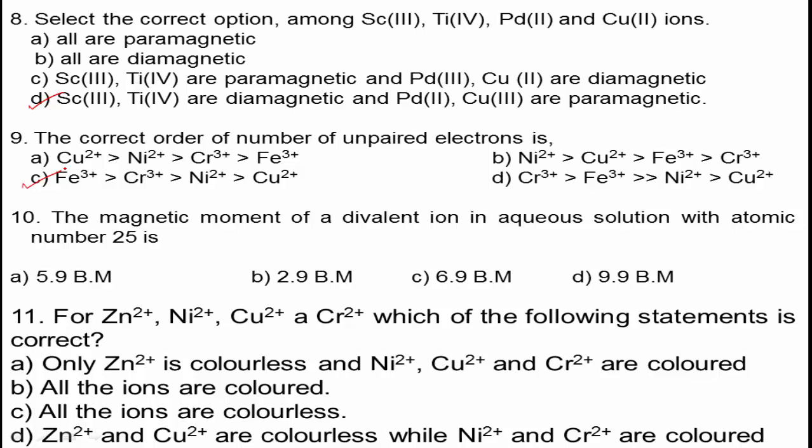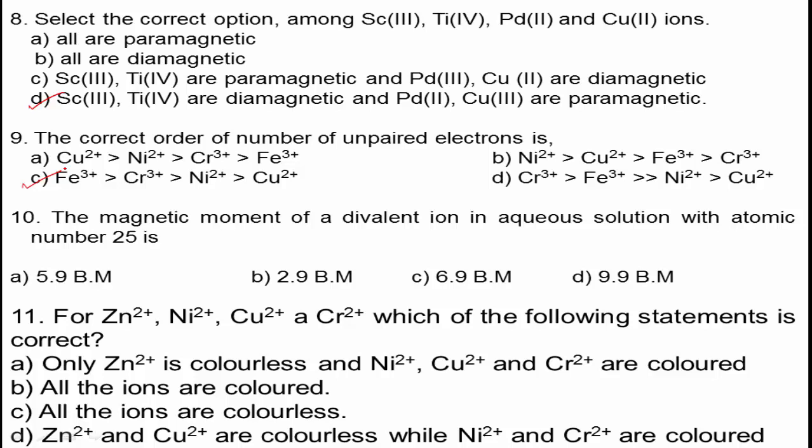Next, question number 10. The magnetic moment of a divalent ion in aqueous solution with atomic number 25 is: option A, 5.9 Bohr magneton, option B, 2.9 BM, option C, 6.9 BM, option D, 9.9 BM.